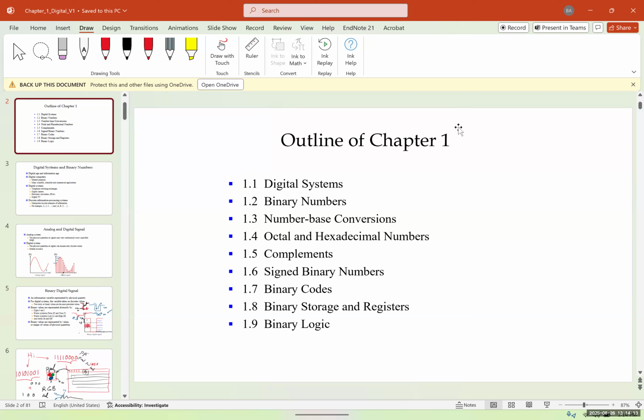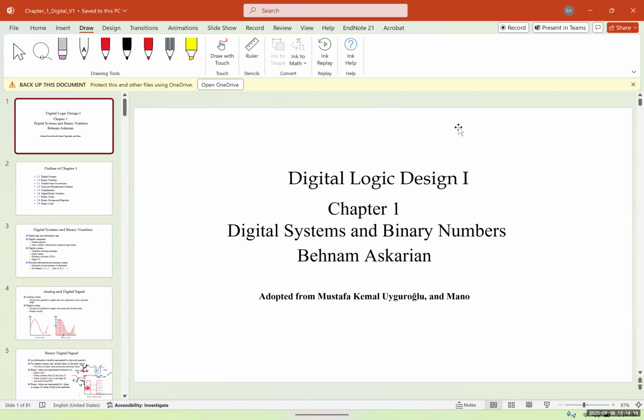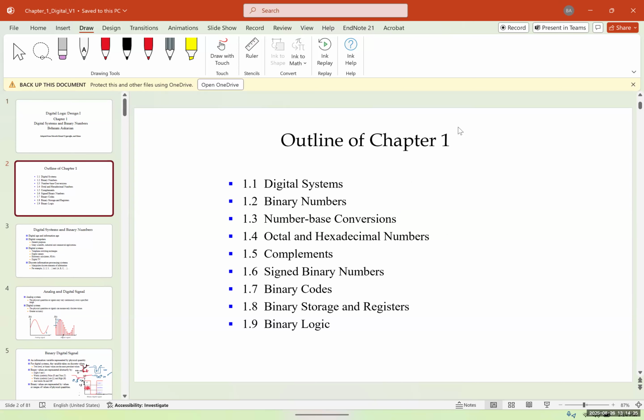So for today's class, we're going to start with chapter 1. The outline of chapter 1 in the first class is going to be digital systems and binary numbers. We're going to learn about digital systems. What does a digital system even mean? Then we're going to go through binary numbers. After that, we're going to start with number base conversions.